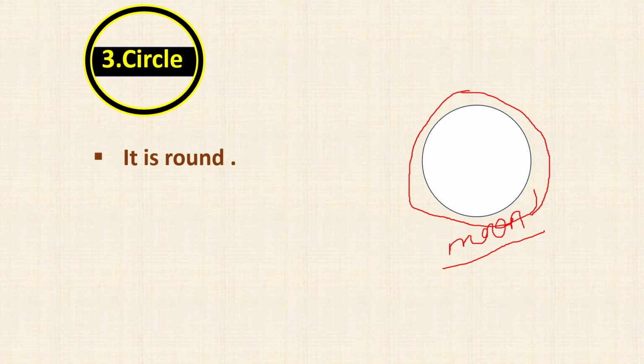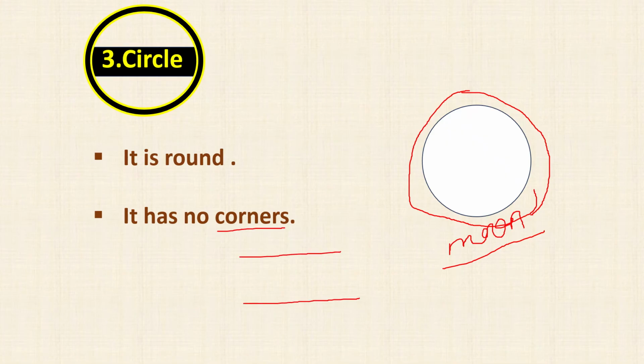It is round and it has no corners. As we know, to get corners we use sticks and then join them, and after joining them we get corners.